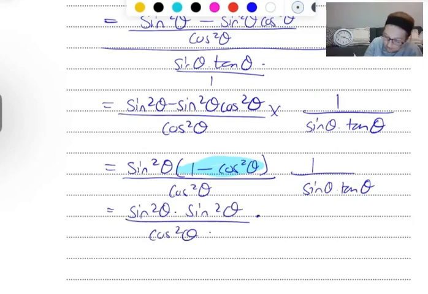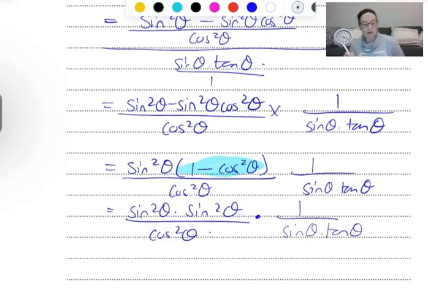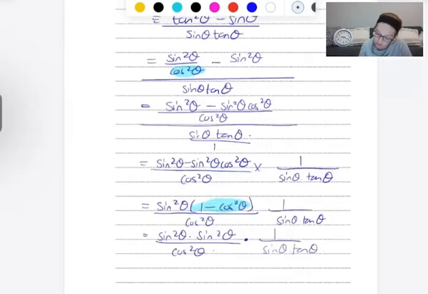Okay, as soon as I did that, I can now actually cancel out one of my sine squared thetas. Whether that's what I want to do or not, I'm not sure.